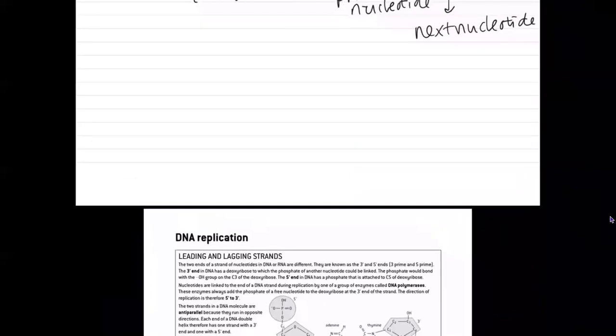So if we were to keep on drawing this out, we're going to end up with a chain of 5 to 3, of 5 to 3 on one strand, right?